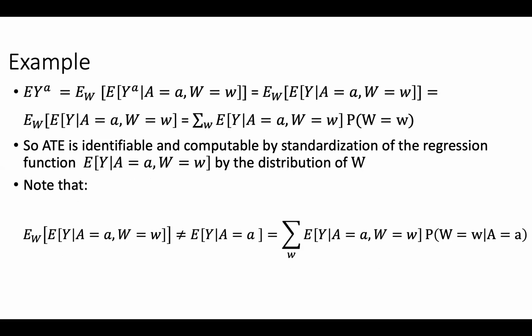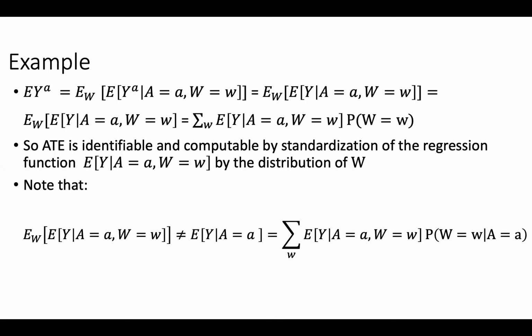I'm not going to go over the derivation, but you can compute the expected value or the average for those that received the treatment or didn't receive the treatment, the counterfactuals. You can estimate using what we traditionally would do.